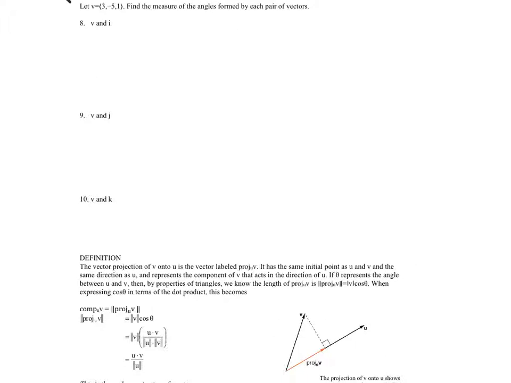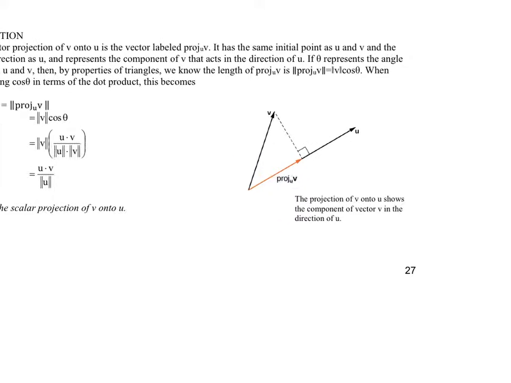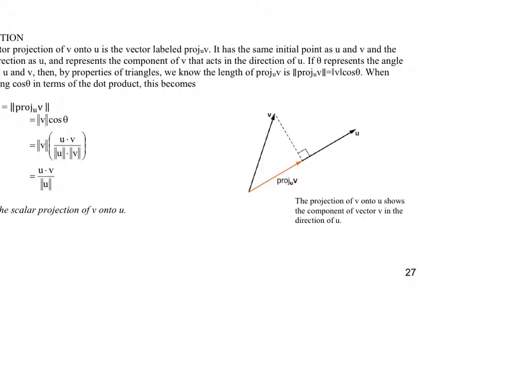And then we're gonna talk about the component and the projection between two vectors. Vector projection of V onto U is the vector labeled proj sub U of V. So it's V onto U. Now the notation kind of suggests that, because the subscript is U, that's the one that is below physically in the notation, below the V. So if one is going to be on the other, it would make sense that the one below would be the one that's onto, or being put onto.